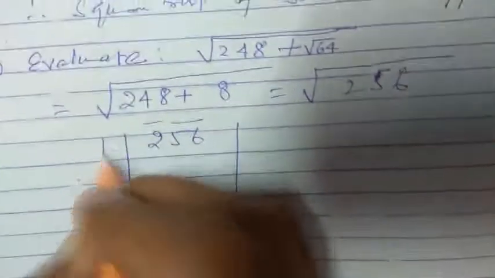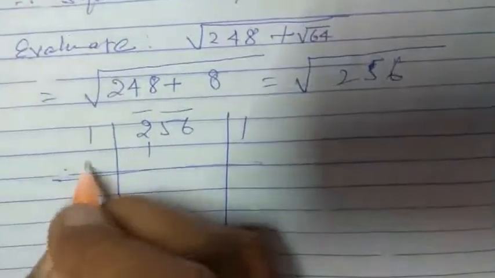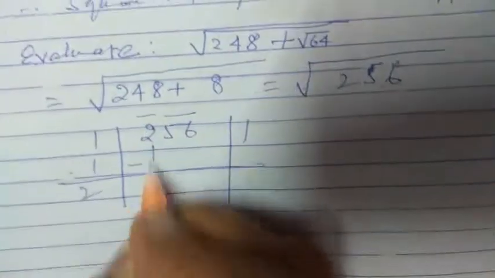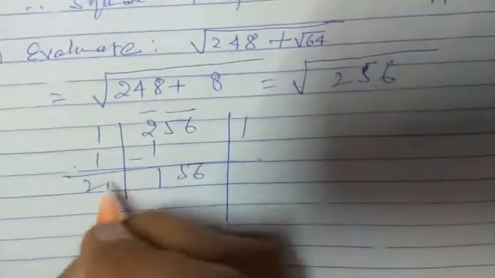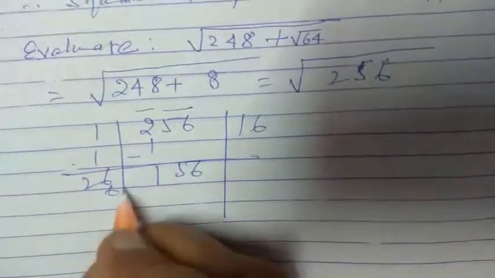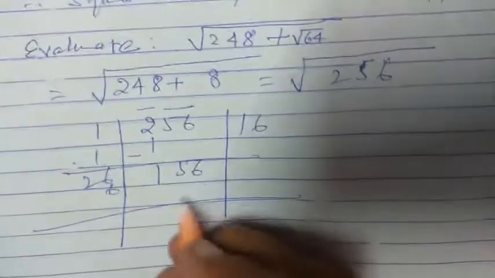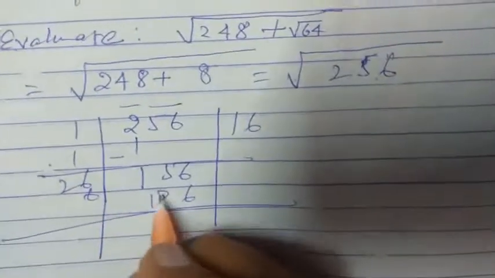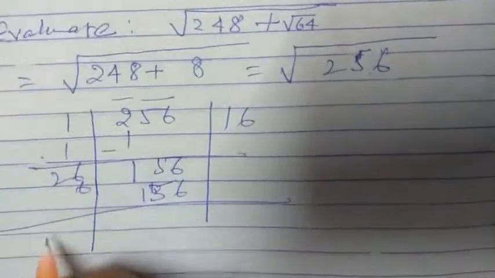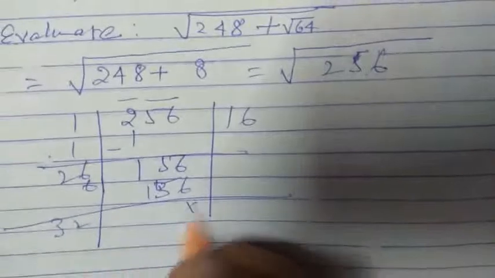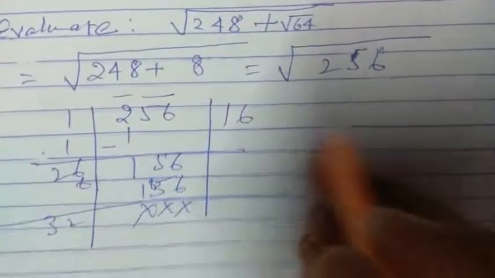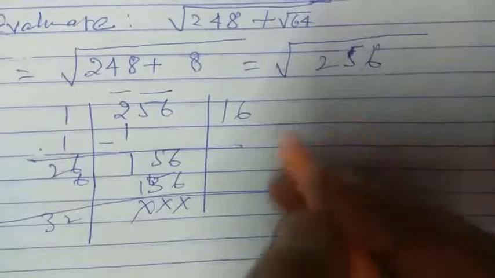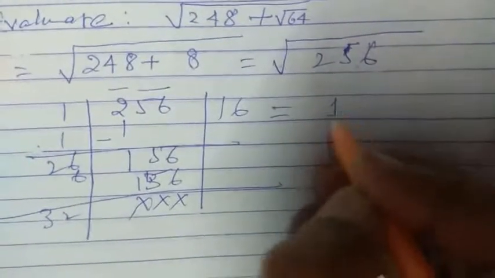Making pairs, 1 is 1, subtract 2 minus 1 is 1, 56, write here 6, here 6, and you can multiply 6 6s are 36, 3, 15, add this number 32. Therefore 16 is the square root of 256. Therefore the answer is 16.